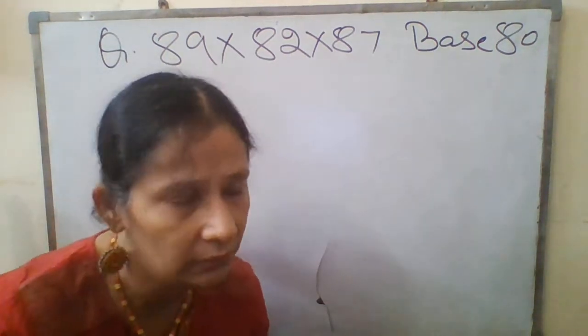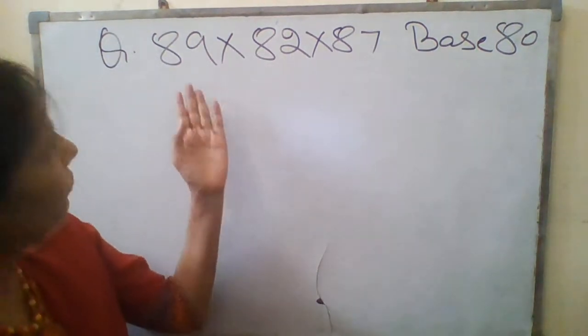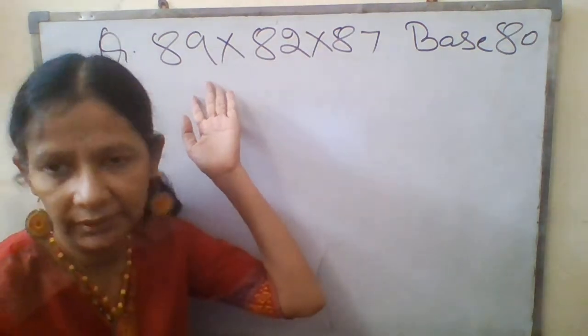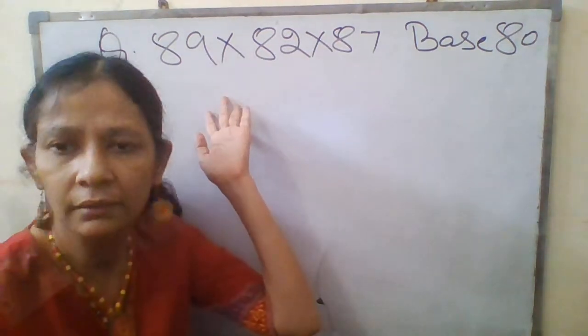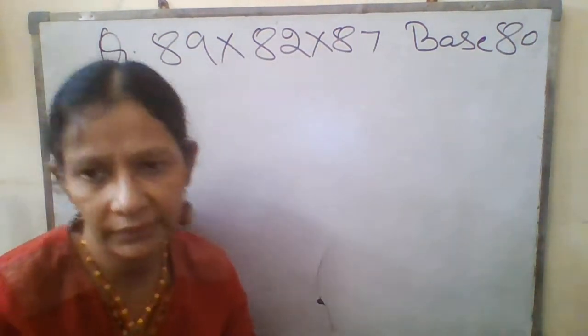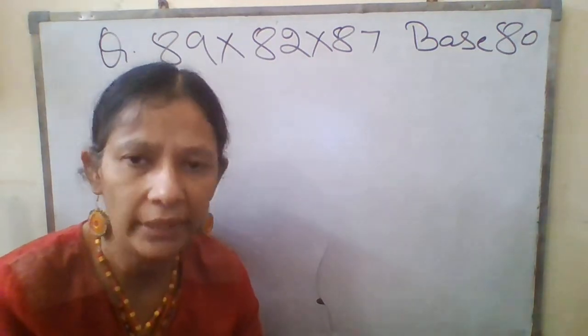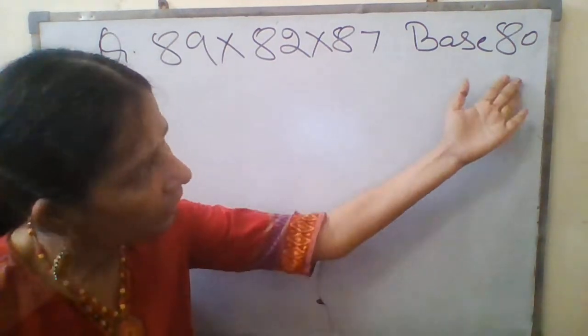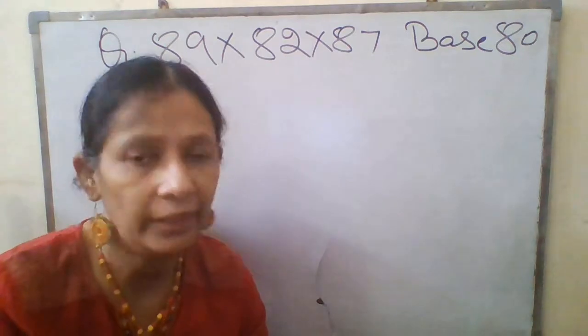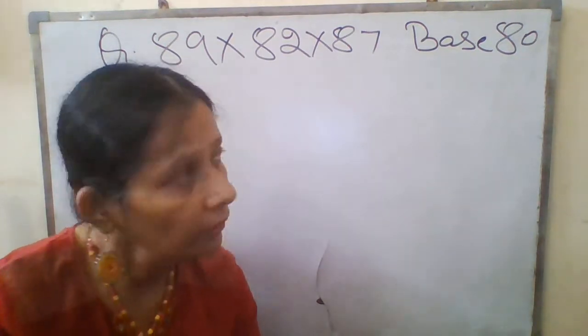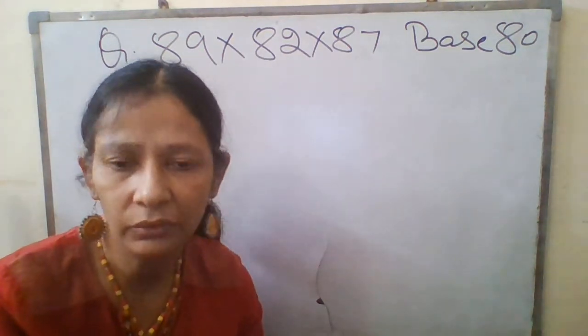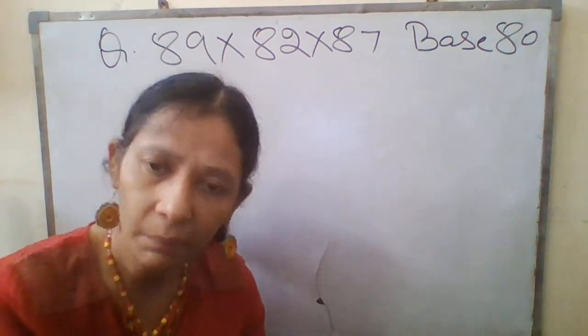What is the reason? You can see 89 is much closer to 90 and 87 is also much closer to 90. So why have I not taken the base 90? Because I am going to discuss above the base.